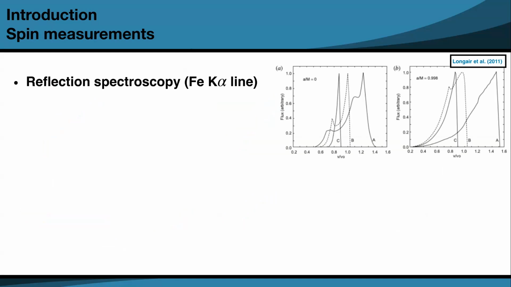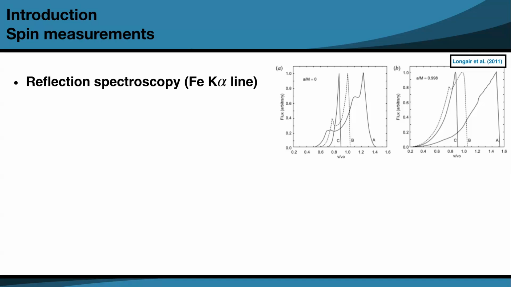The first one is the so-called study of the reflection spectroscopy. So the idea here is that the reflection component, and especially the emission lines that characterize this component, their profile is modified by several relativistic effects due to the fact that this reflection happens in the inner regions of the disk.